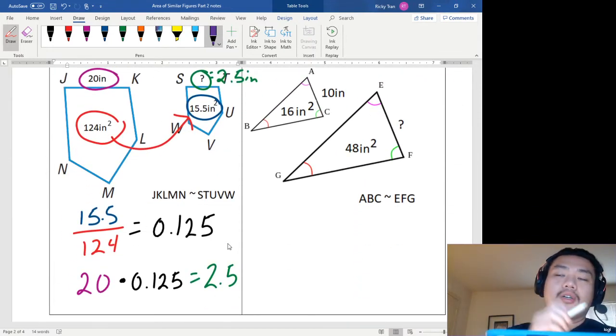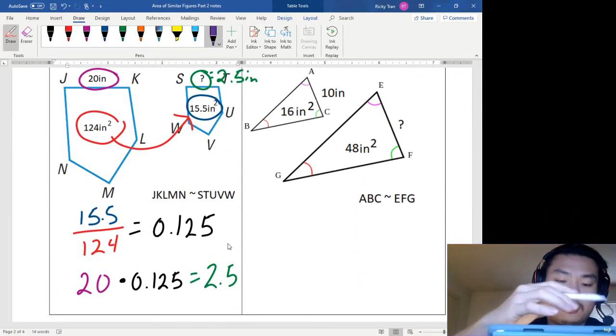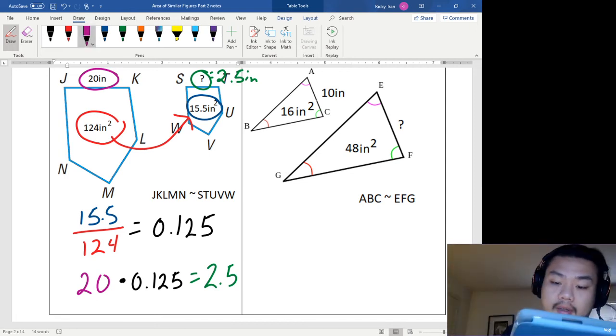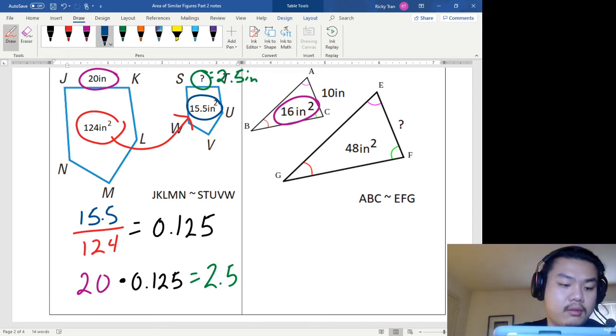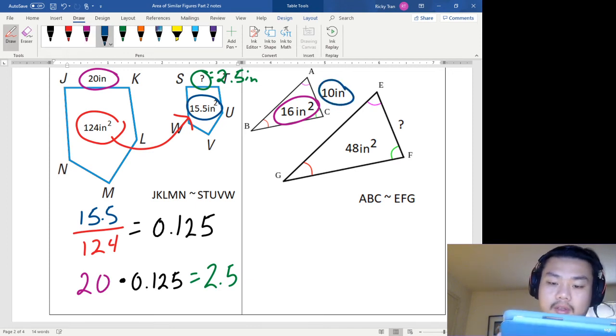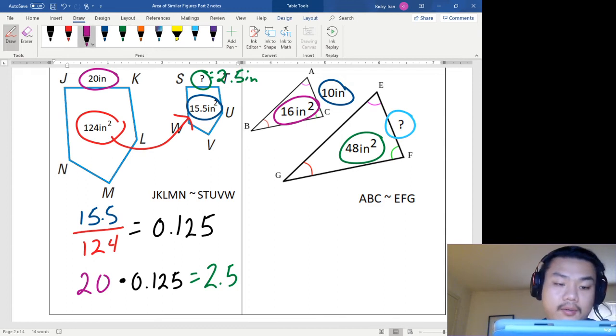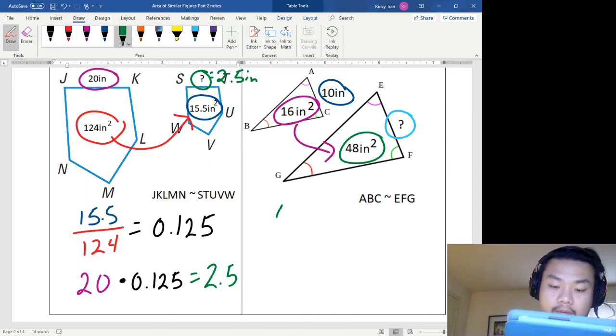Okay, and so on to the next example. All right, again, we're going from this area to this area, and then we have this missing side. We're going from small to big, so 48 on top.